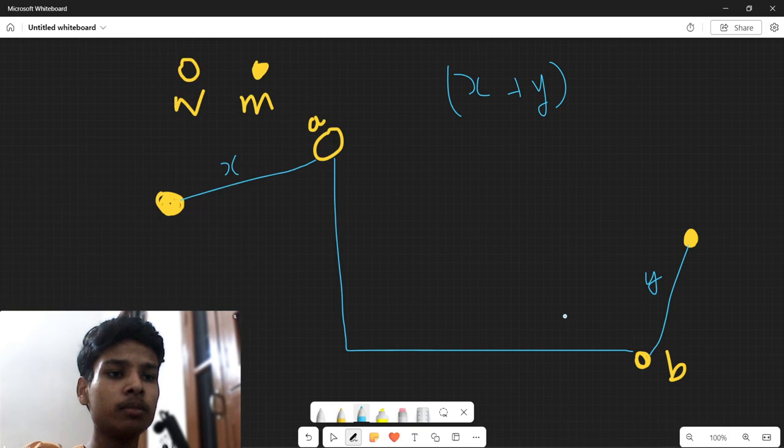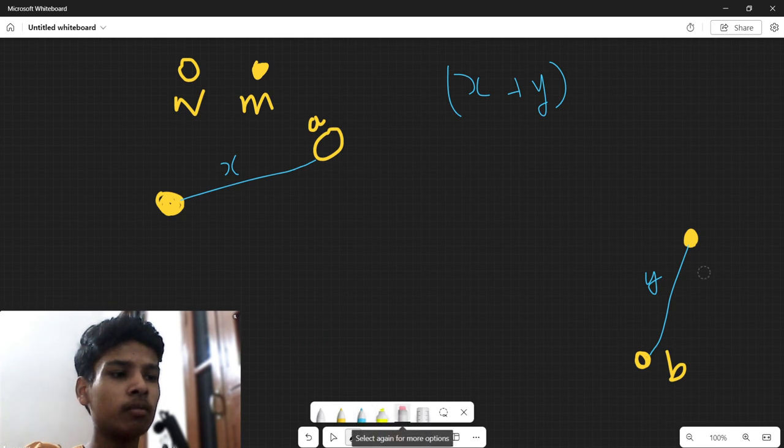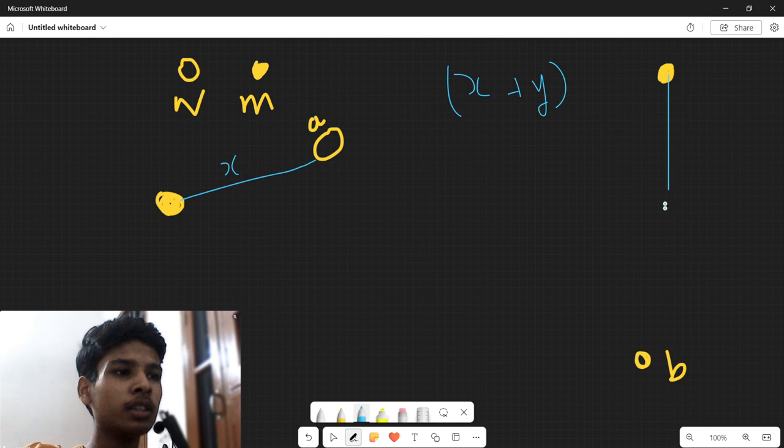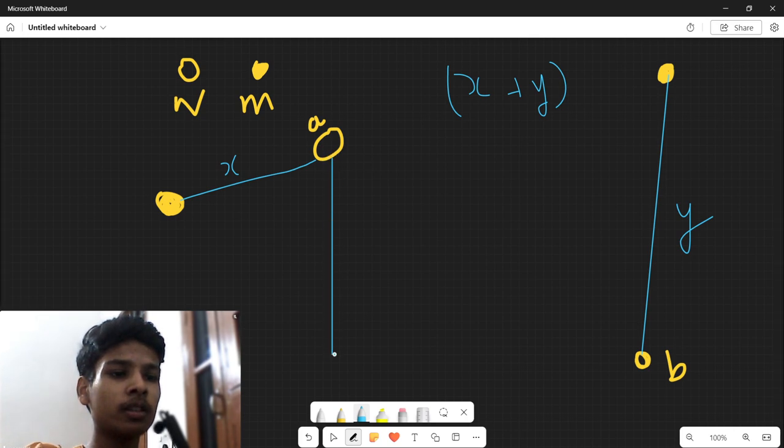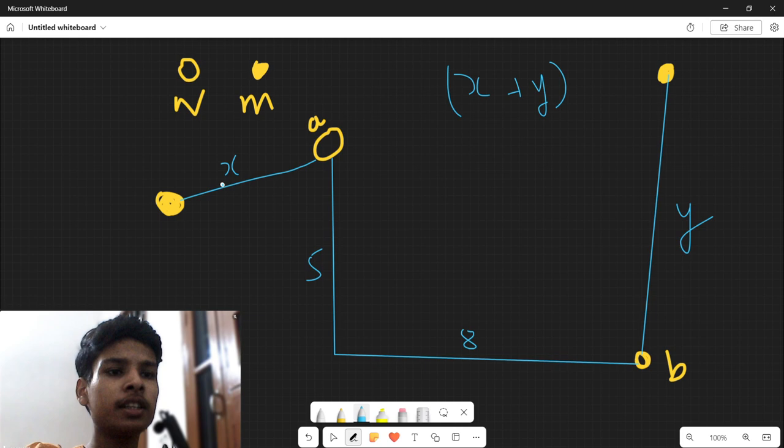For example, I make it further, like here. This is my nearest major city. So what is the nearest major city to my point B? It is this, and it is y. So you can clearly see, if I calculate this one, let its distance be 5, or the other one be 8 like this, and let this distance be 11.